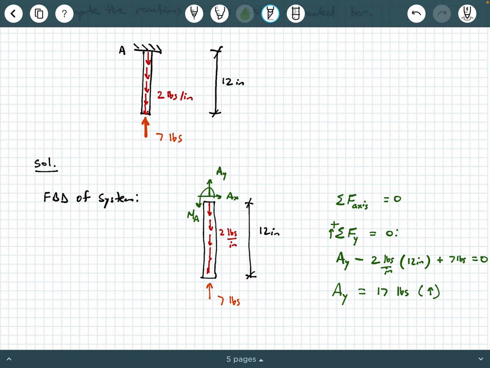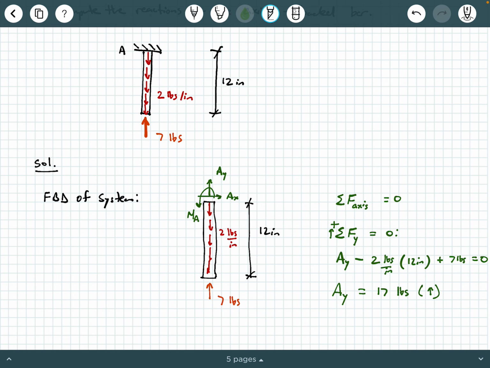So if you remember from your knowledge of statics, whenever you have an unknown reaction, you assume the direction of those unknown reactions. You perform the calculations with your equilibrium equations, just like we did here. And if your final answer comes out positive, that means that that reaction is pointing in the direction that you assumed. In this case, for us, we assumed AY was pointing up.